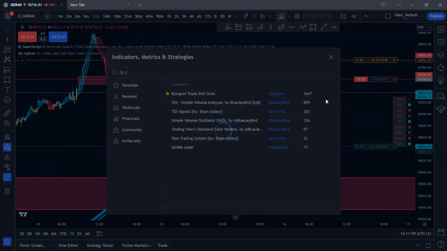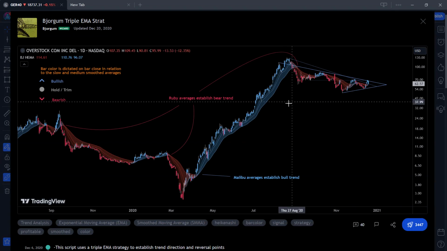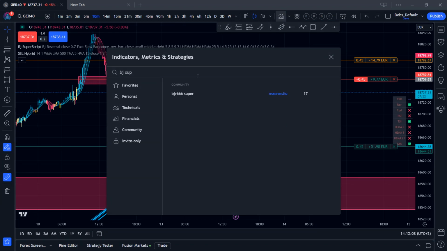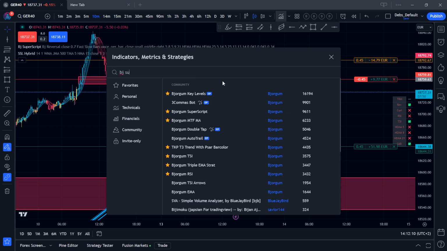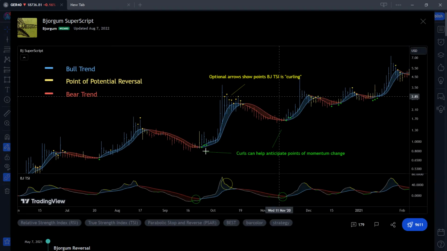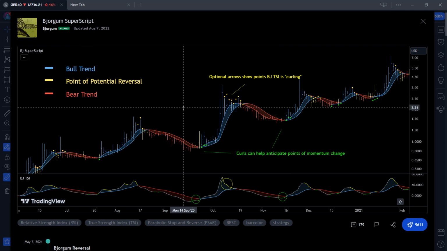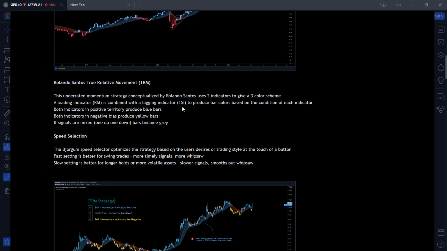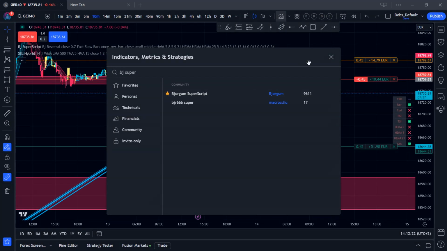This guy, super awesome indicator. Almost too good. Yeah, it's a reversal strategy that I'm using. So it's a really powerful indicator, powerful stuff.